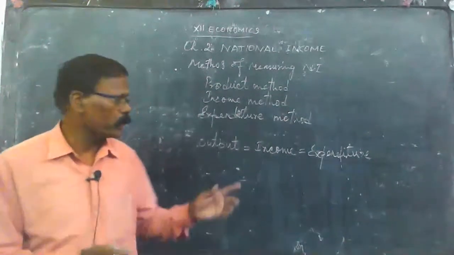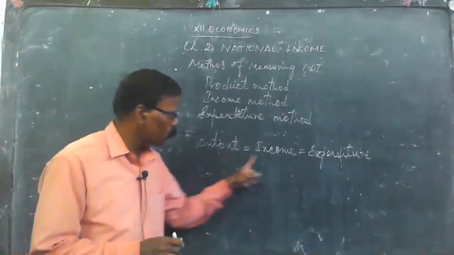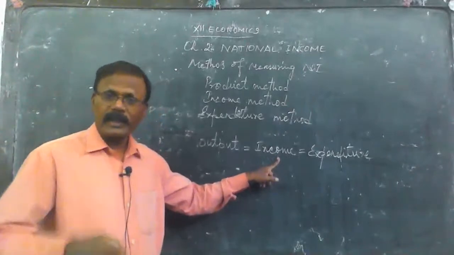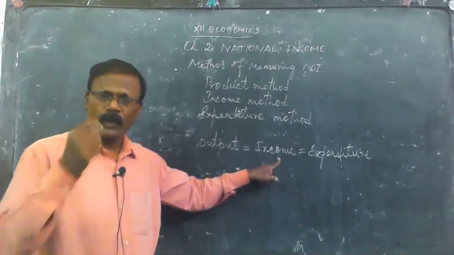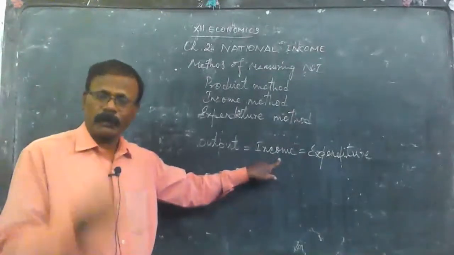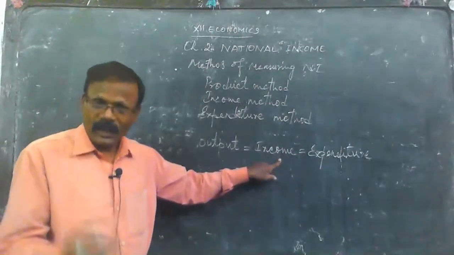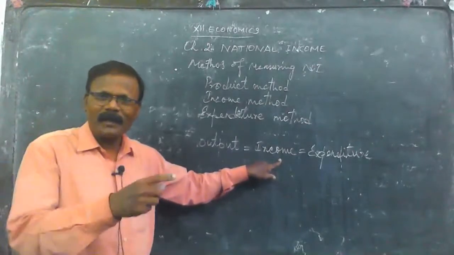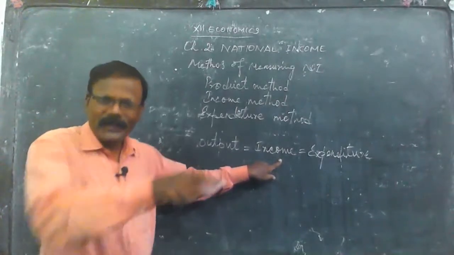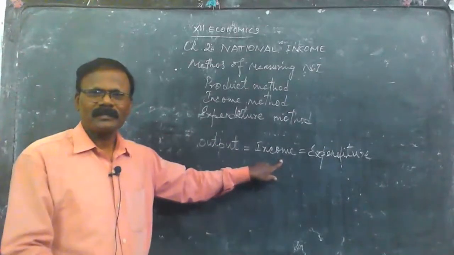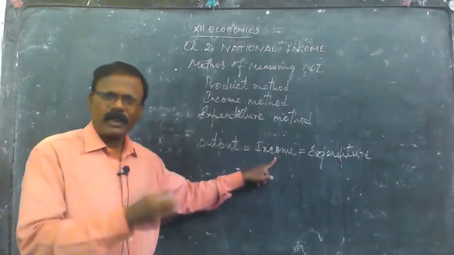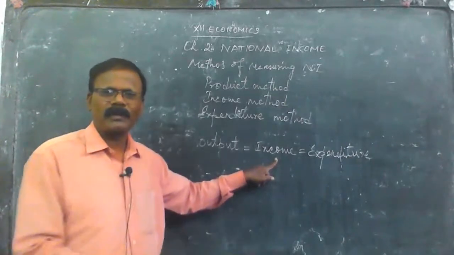Understood? So they are circular in nature, and it begins as production through recruitment of factors of production, generating income, and going as income again to factors of production. Supply of factors, production of goods and services produced.